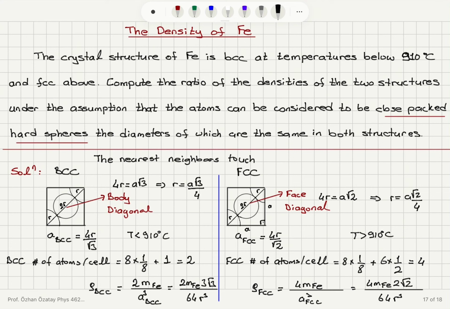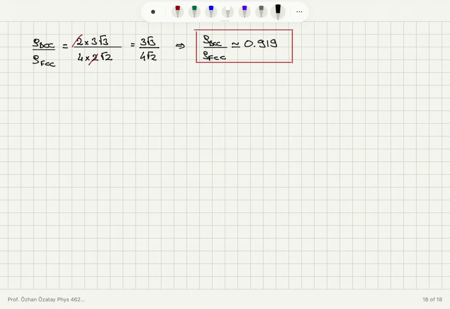In the body-centered cubic structure, the number of atoms per cell is 2, whereas in FCC it is 4, because we have 1 at the body center, 8 at the corners, 1/8 of each inside one unit cell, giving us 2 for body-centered cubic, and 6 at the face centers, half of each in the unit cell, so we have 3 plus 1, 4. Then we can calculate the density as twice the mass of iron divided by a_BCC cubed, or 4 times the mass of an iron atom divided by a_FCC cubed. When we do this and take the ratio, we find that the rho BCC to rho FCC ratio is about 0.919.